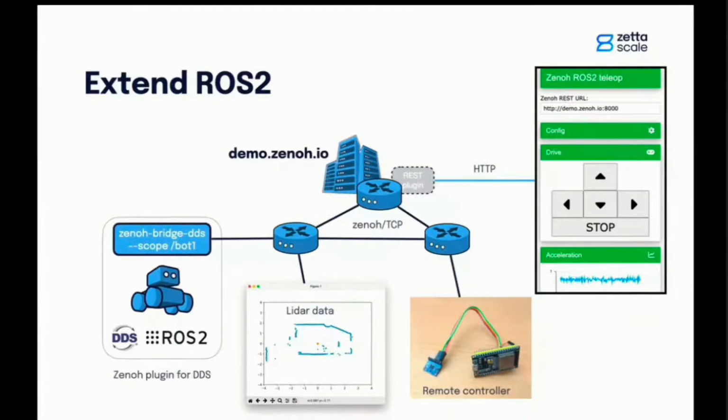So the LiDAR data is subscribed to by the LiDAR plotting, and of course there is also remote teleop from the web application that Olivier just showed. And you can see also at the same URL, http demo.zenoh.io without the port number, the acceleration data that is available live. I just posted the link in the chat of the summit.